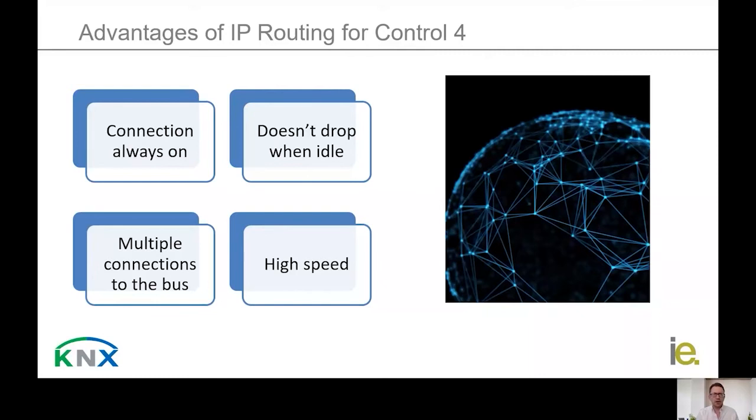And last, again, but by no means least, the KNX IP communication is several orders of magnitude faster, at either 10 megabits or 100 megabits per second, depending on which KNX IP router you're using and the rest of your IP network.